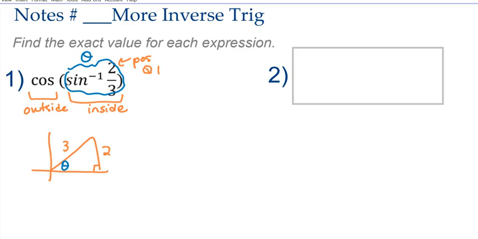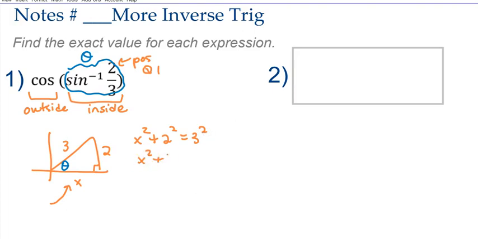Well, if only we knew the other side of the triangle, we could find the cosine. So what we're going to do is use the Pythagorean theorem. And we have that missing side squared plus 2 squared, that would be 4, equals 3 squared.